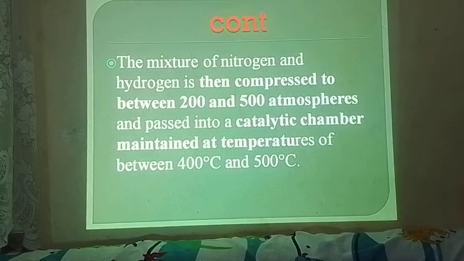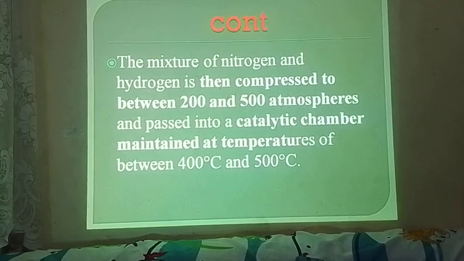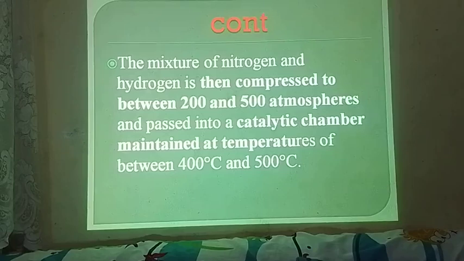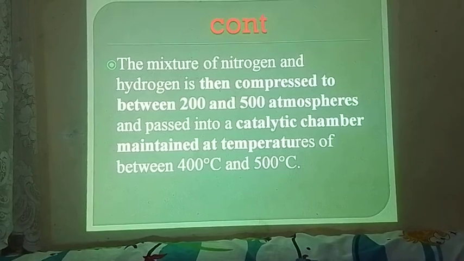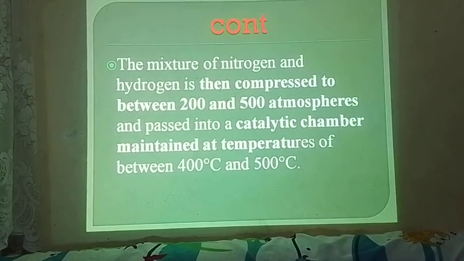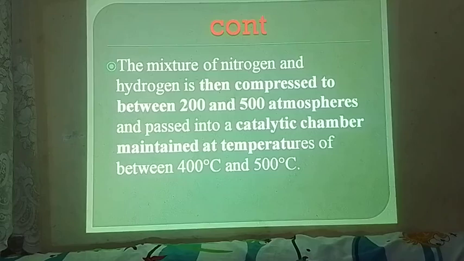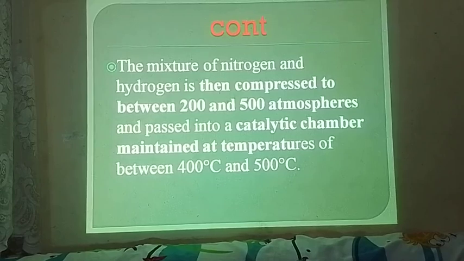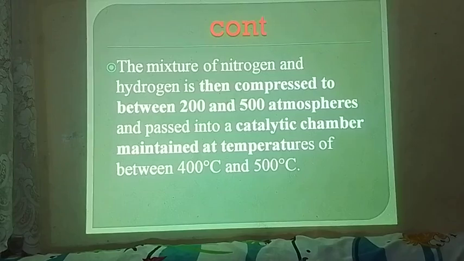For example, if the industry wants to manufacture a large amount of ammonia, they should use some conditions. Number 1, the pressure should be around 200 to 500 atmospheres, so that, despite the fact that it is very expensive, the amount of ammonia being produced will be very large.